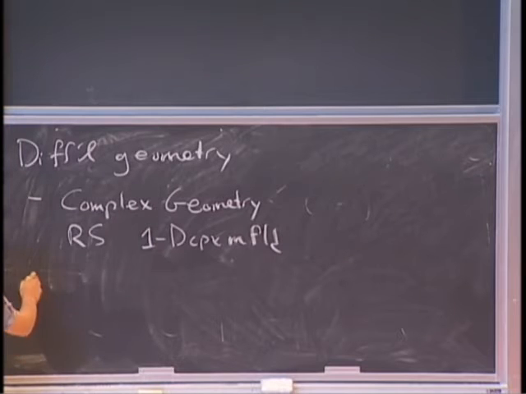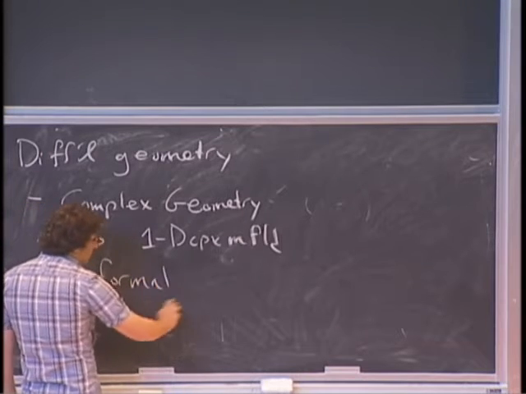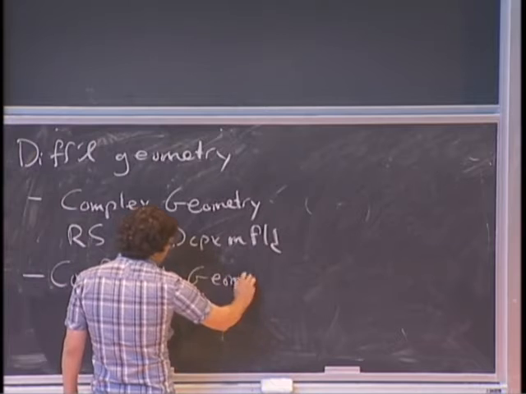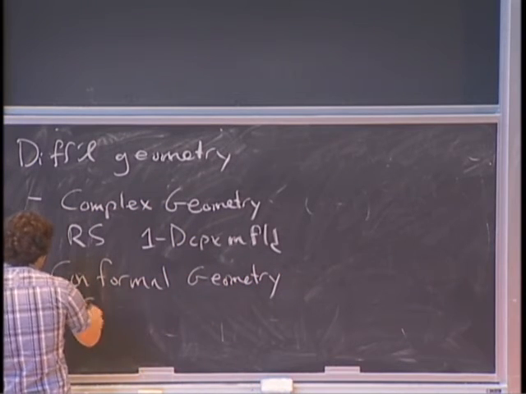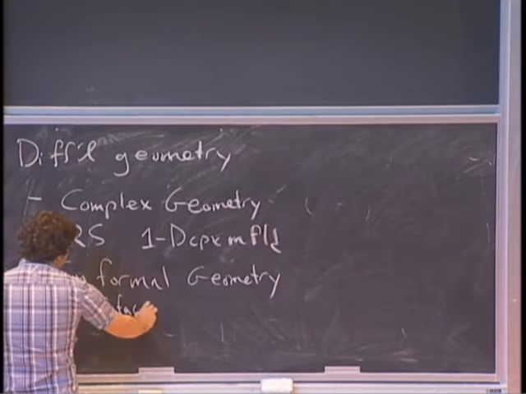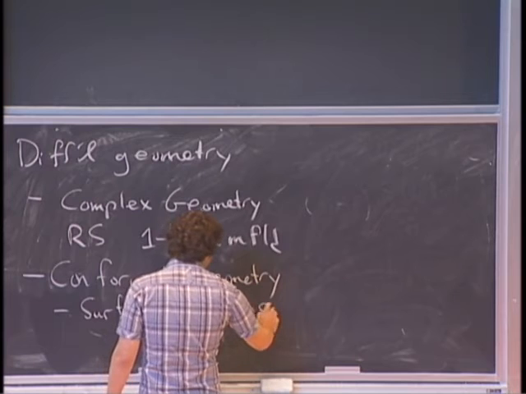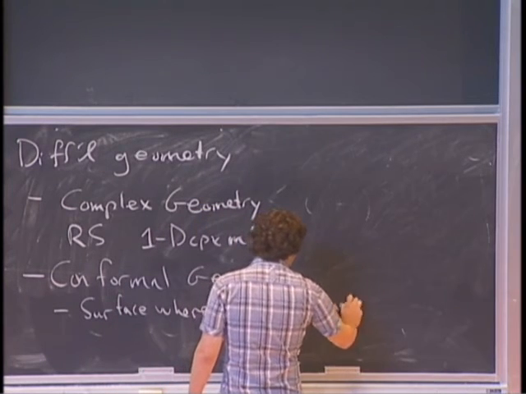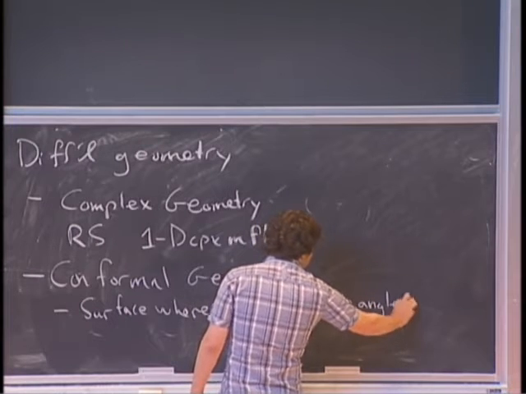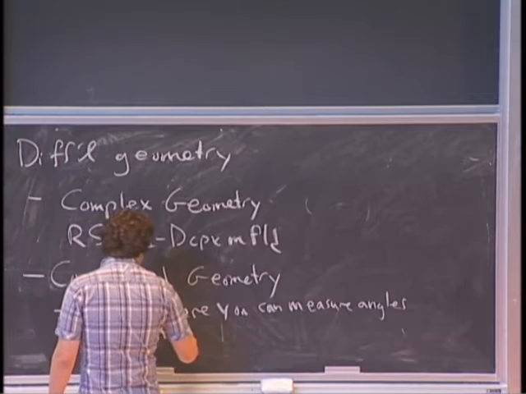So the other perspective is what's known as conformal geometry. Here, the idea is you have a surface where you can measure angles, but not distance.